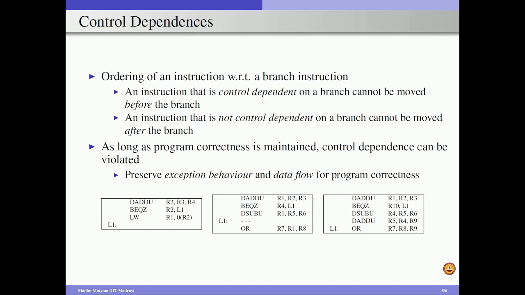If that is the case, even when we move the subtract instruction before the branch instruction, it is not going to create any issue with the program correctness.